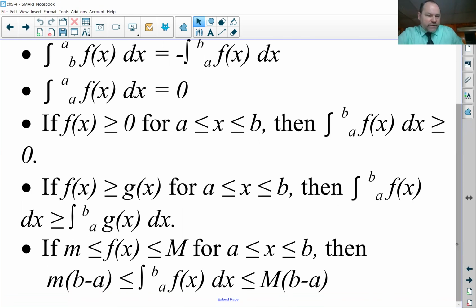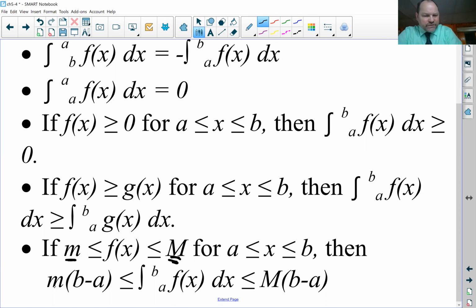The last one here, if our function has a minimum and a maximum value, so it's always between this value little m and this value big M, then the integral will always be between little m times the length of the interval and big M times the length of the interval.